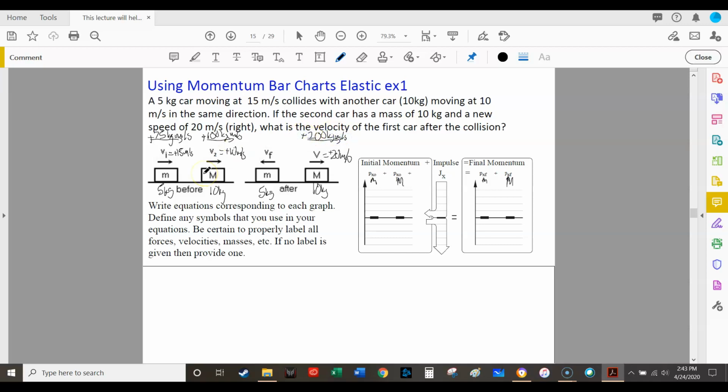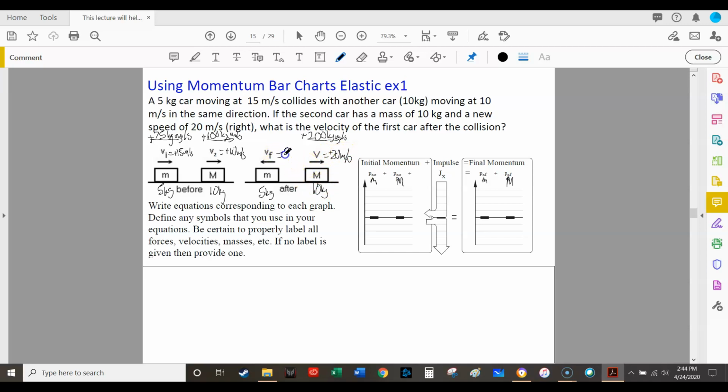So I'll summarize what's going on. From reading this, what I try to do is diagram. The diagram was already given to us. So it looks like we have a 5 kilogram car that's traveling at 15 meters per second. It overtakes a 10 kilogram car traveling at only 10 meters per second. After there's a collision, the 10 kilogram car is now traveling at 20 meters per second to the right.